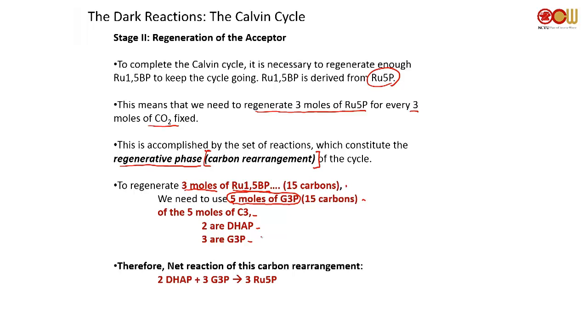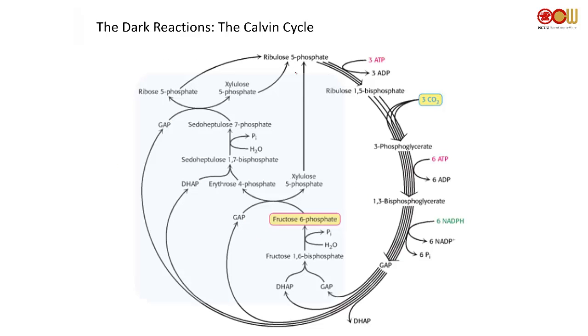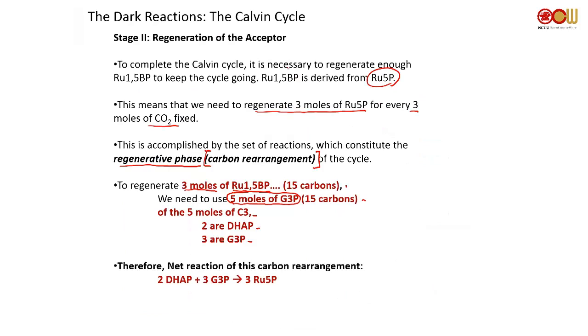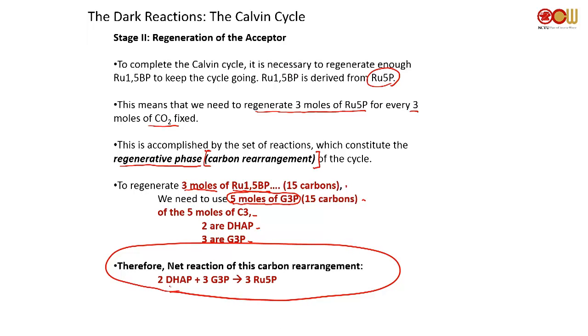Okay? So the net reaction of this entire phase of the Calvin cycle is this: 2 DHAP plus 3 G3P gives you 3 Ru5P.